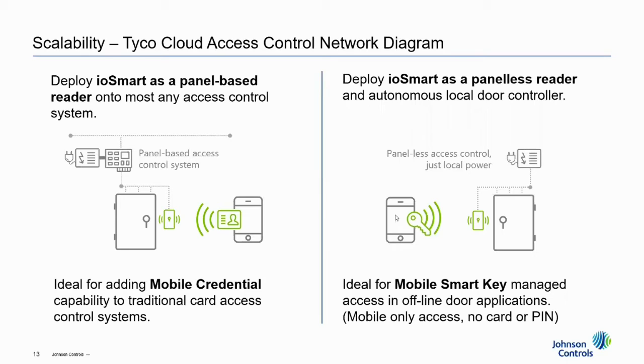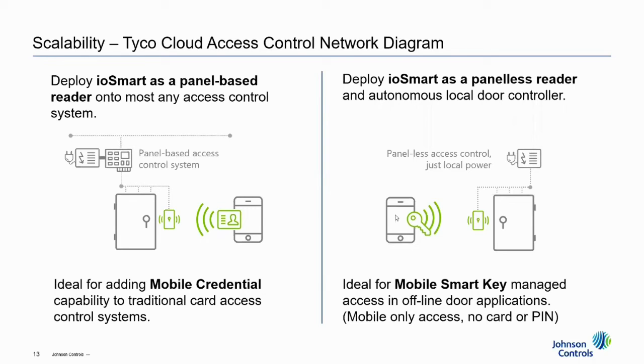Next, we are also able to deploy this Tyco Cloud Access Control as a panelless reader. Panelless means you do not need to connect any controller to it. This reader has an interface for you to connect all the door devices, such as the door inputs, your door release button, your EM lock controls.